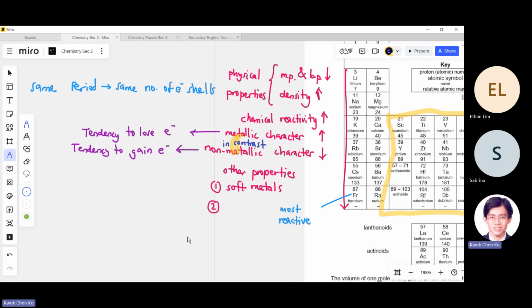Not for O levels at least. Come, Dylan, any other properties about group one? Anything about their appearance? Silver color. Yep. Okay, so all of them are silvery metals or silver color metals.